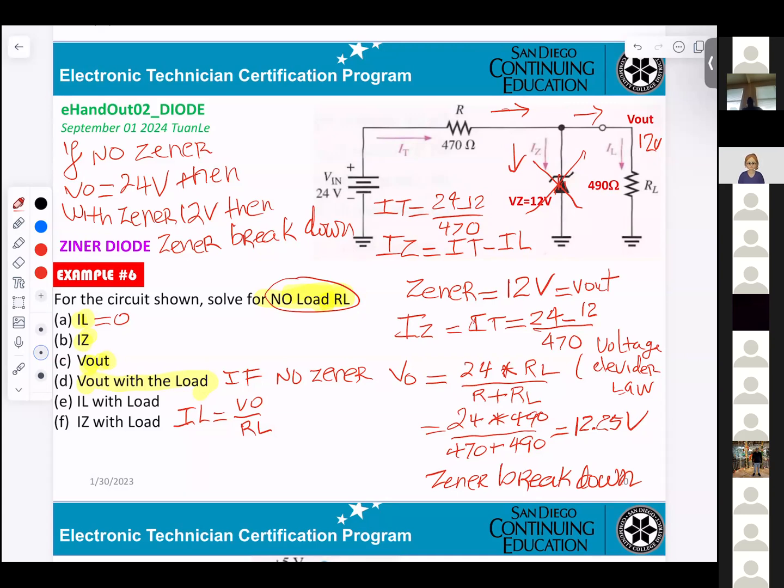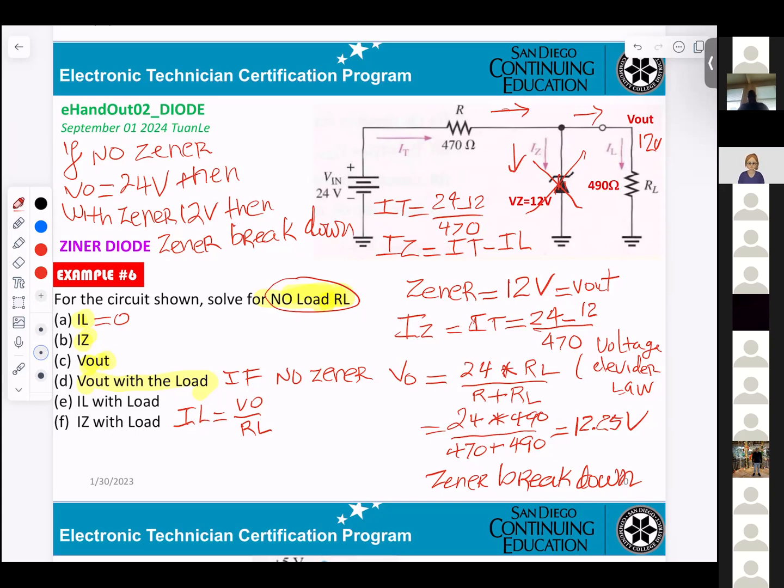What I recommend is you have to go over it, not only one time, too many times. Hopefully you can understand. Next meeting, we will have the quiz regarding the diode and the Zener.